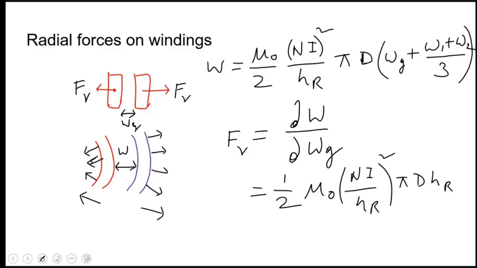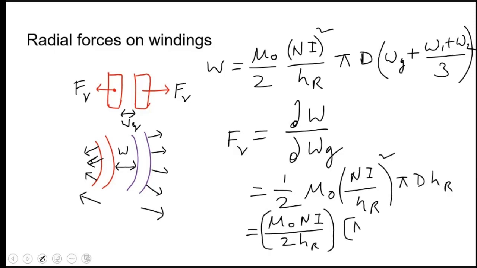Now, can we correlate this with the basic force, BIL? You can make an attempt to subdivide these into three components. One is mu naught N into I by 2 times HR. This is one component.